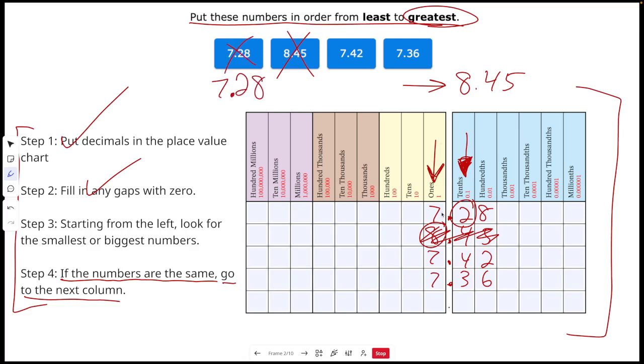Let's cross it off. What's the next smallest number in that column? The 3. So that would mean my next number is 7.36. Cross it off. Process of elimination, the next number is 7.42, and we already did our biggest number, 8.45.